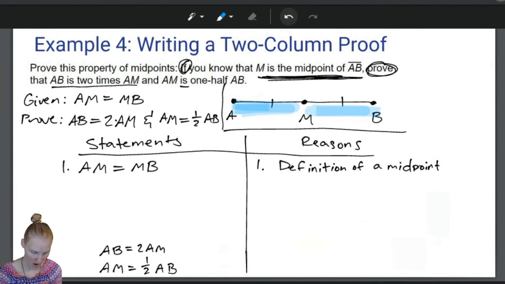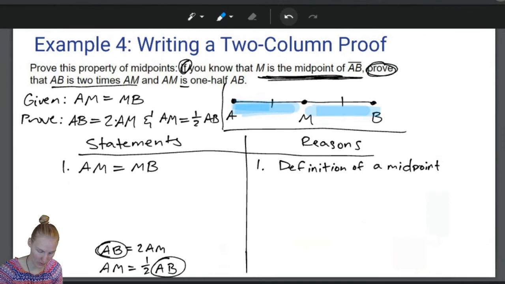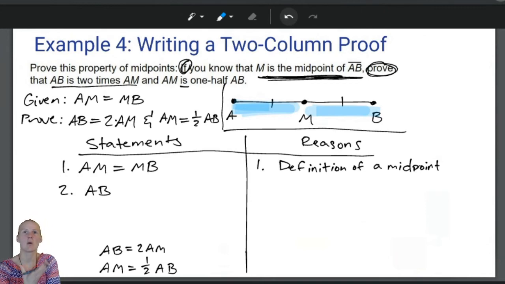Well, here I'm noticing that we talk about AB, but up here I don't see any AB. So that's a step that I need to take. Maybe step 2 could involve AB. Now, what do I know about AB, though? What could I possibly write here? Let me look at my diagram.